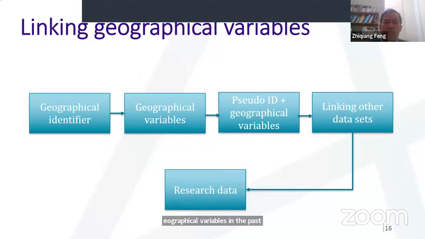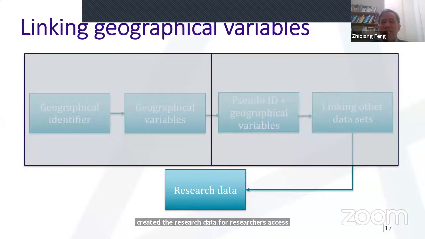The third party will use the geographical identifiers they can access to link to health data and eventually create the research data for researchers to access. So eventually, researchers will be forbidden from the data linkage process in this case, and they only access the final research data.